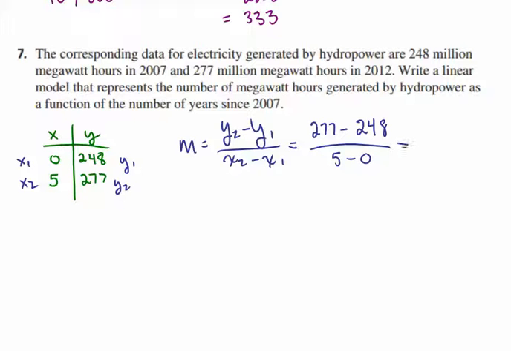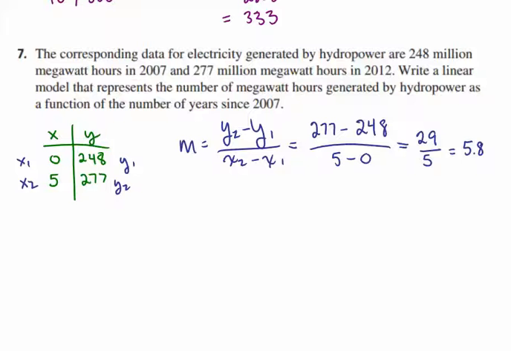And so here we get 29 over 5, which comes out to be 5.8. And what that means is that according to this model, the number of million megawatt hours is increasing at a rate of 5.8 million megawatt hours per year, starting from 2007.